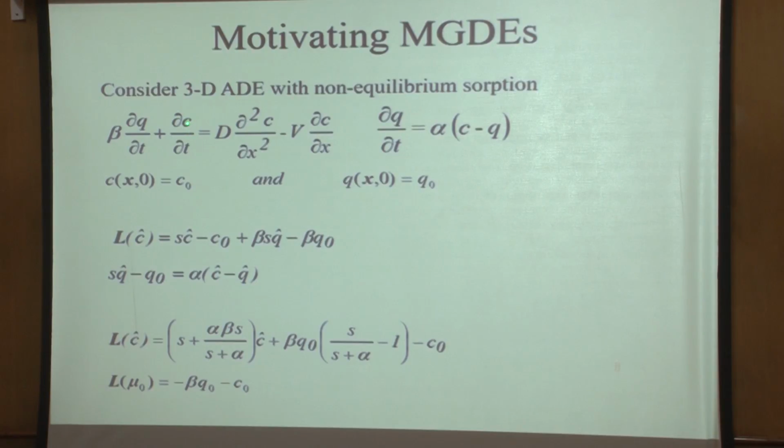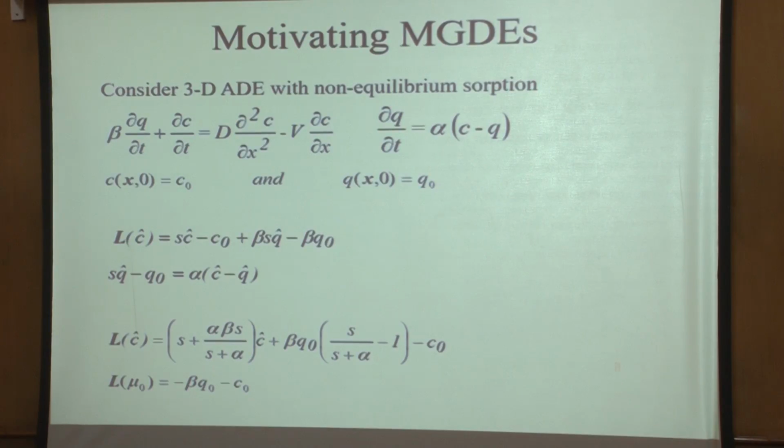C would be the concentration in the liquid phase in this notation that Harvey and Gorelick use. Q is the concentration in the immobile water phase, if you will. So the exchange between the mobile and the immobile water concentrations is governed by this difference C minus Q. And what we do is essentially use a notation where this part, D del square c del x square minus v del c del x, and all the other terms in other dimensions, all of that is lumped into capital L times c.